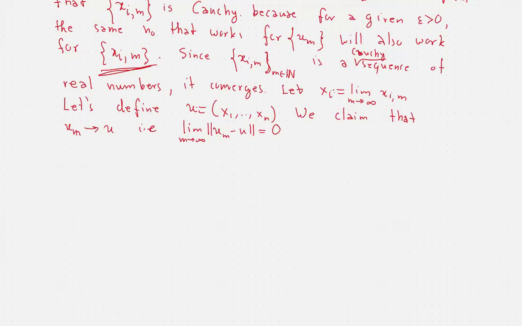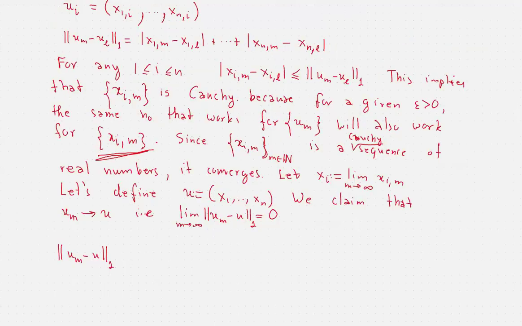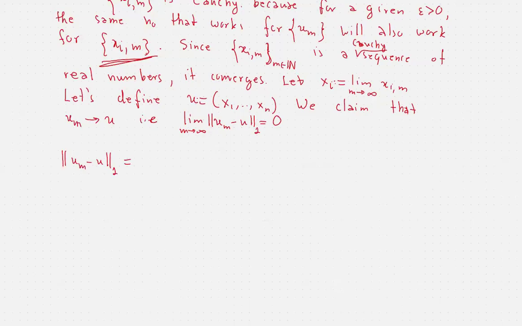This norm will be by definition, again, I mean the one norm, I shouldn't forget to write that. This will be |x1,m minus x1| plus all the way to |xn,m minus xn|.